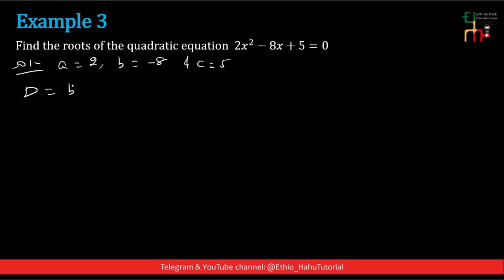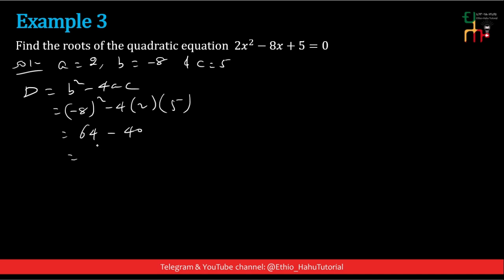Discriminant is equal to b squared minus 4ac, which is (minus 8) squared minus 4 times 2 times 5. Minus 8 squared is 64, minus 4 times 2 is 8, 8 times 5 is 40. This is 64 minus 40, which is 24. d is 24, which is greater than 0.